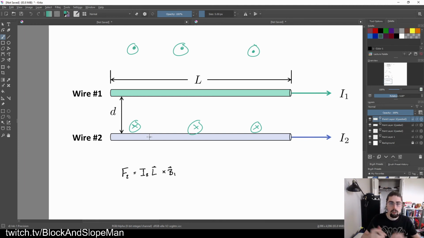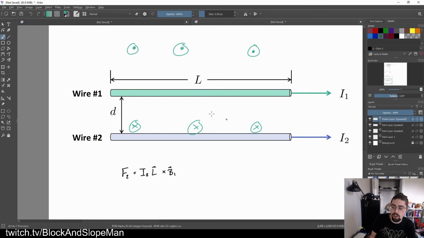And on the sides, in front of the wire and behind the wire, we would see vertical field lines. But I'm not going to be super concerned about those. I guess I could draw what one would look like, but I think that's going to clutter up our picture too much.